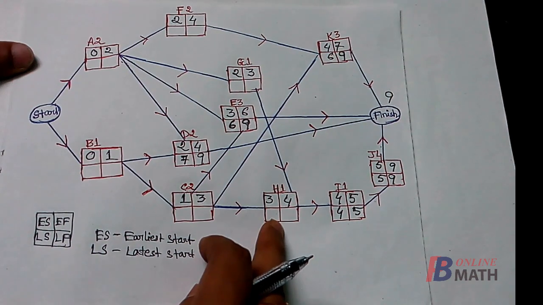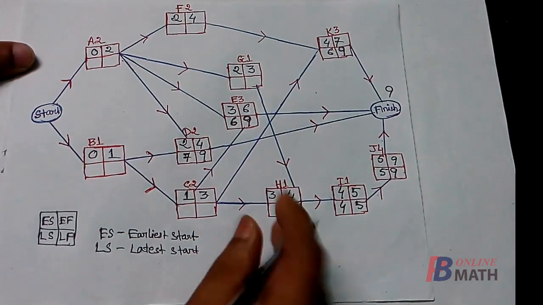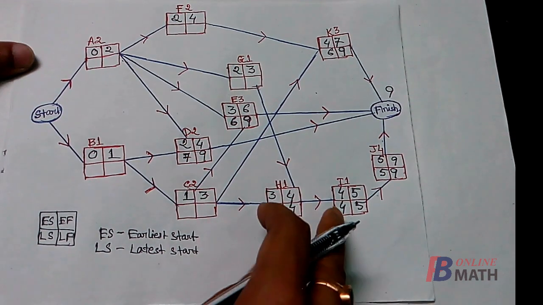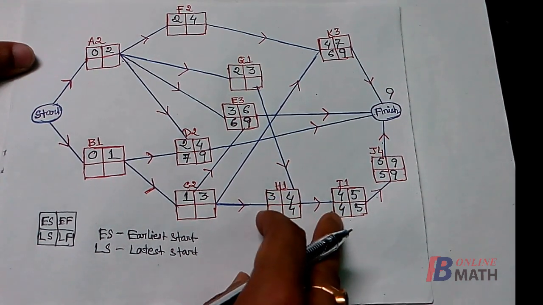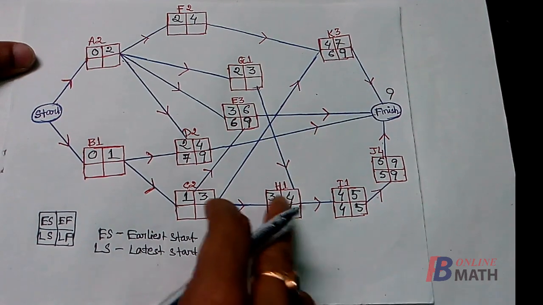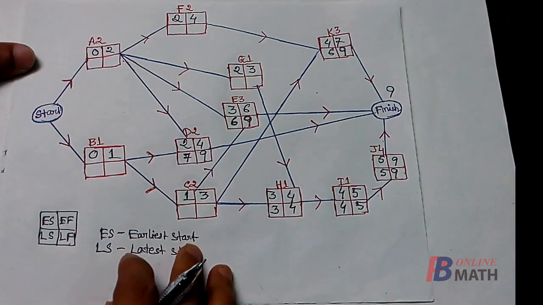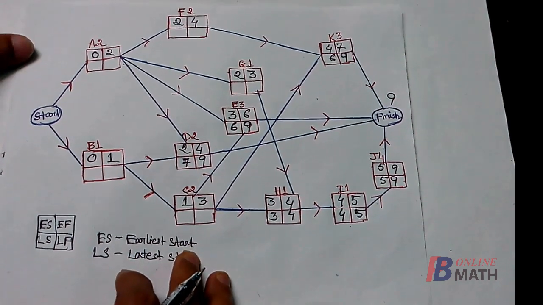Consider the activity H. Here we find that 4 should be the latest finish time of the activity H, because we have to start the activity I latest by 4 weeks. So this 4 weeks is the latest finish time of the activity H, and the latest start time should be 3. Okay.